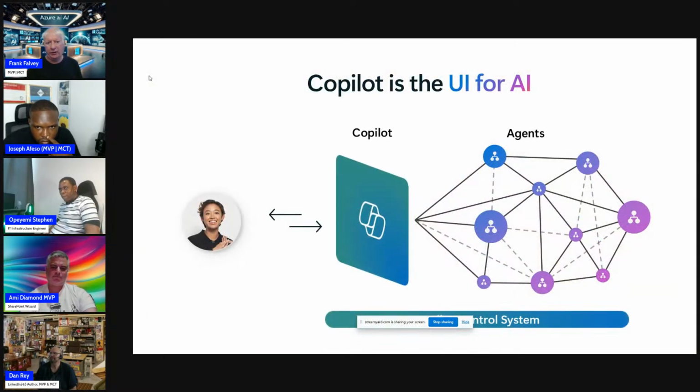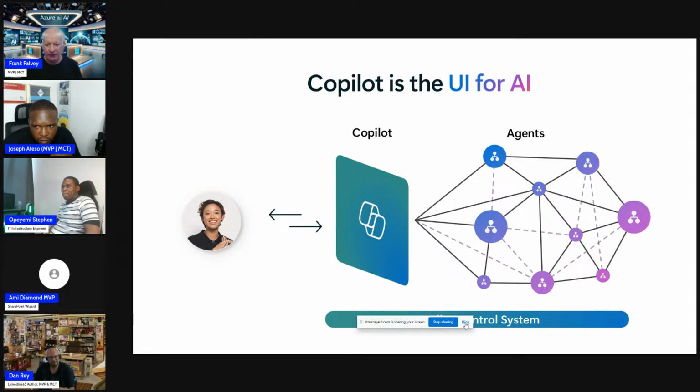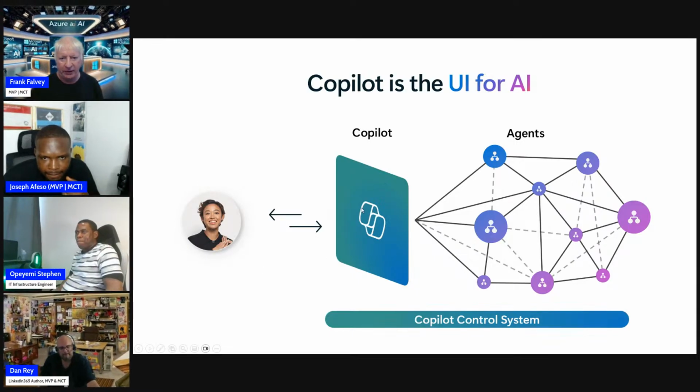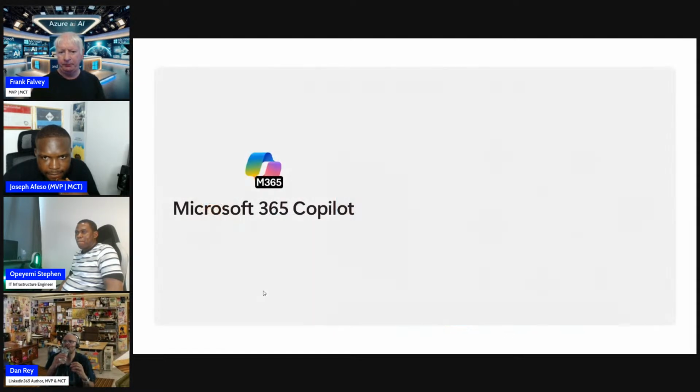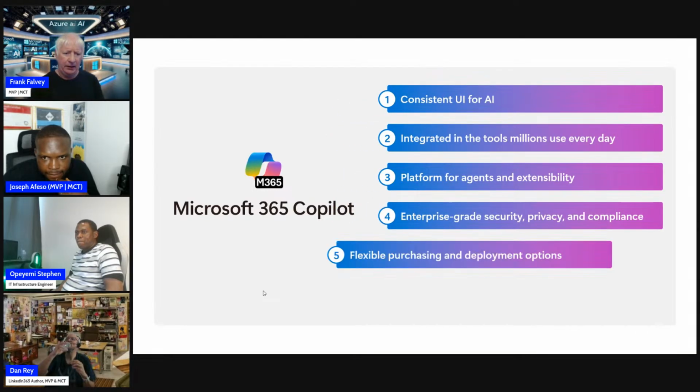They're showing how the user interfaces with the AI. This is the layout of the control system. You see where the person interacts with the co-pilot and all our agents in the background. So that's the co-pilot control system.